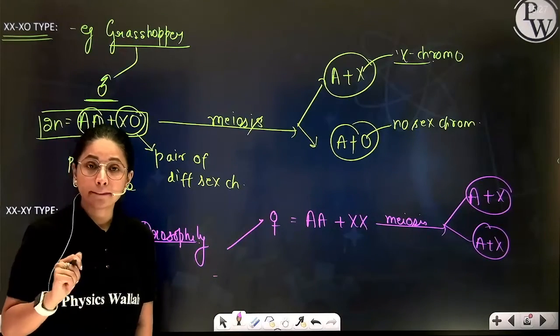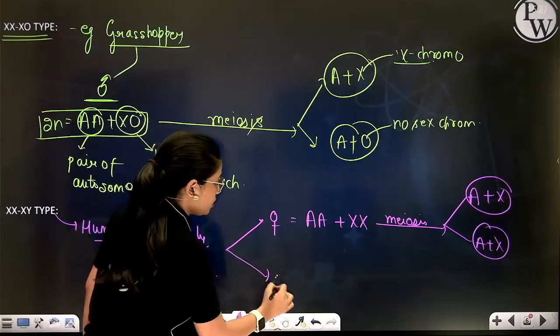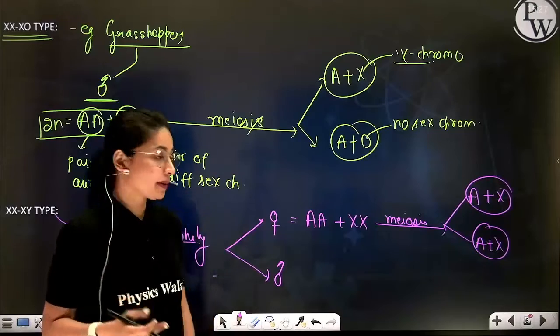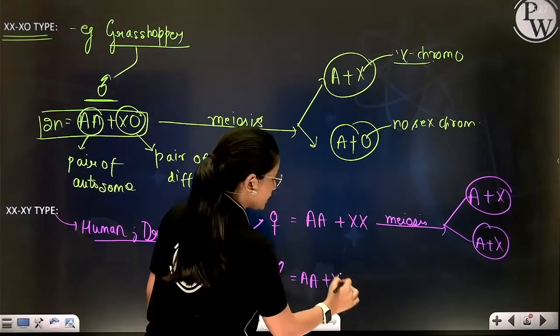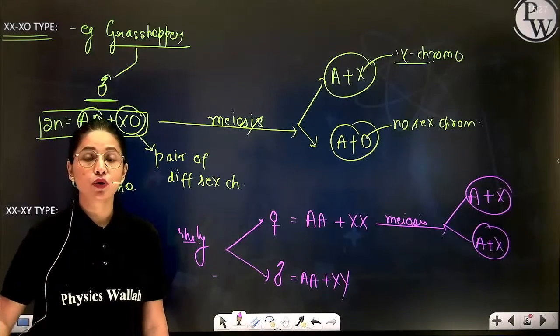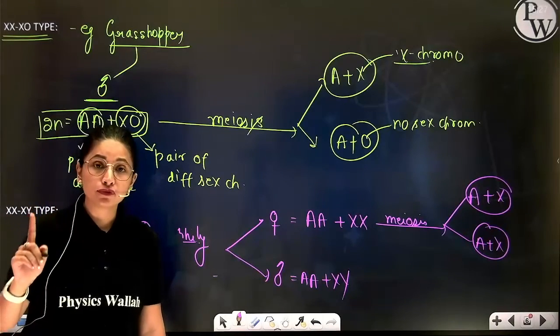Correct? But in males, what is the condition? In human males and Drosophila males, the diploid cell has a pair of autosomes and a pair of sex chromosomes where the two sex chromosomes are different.